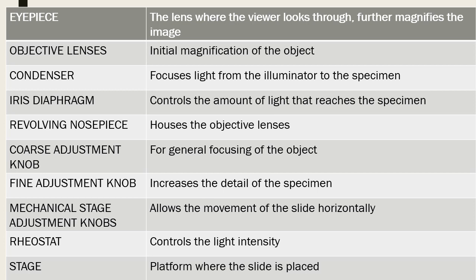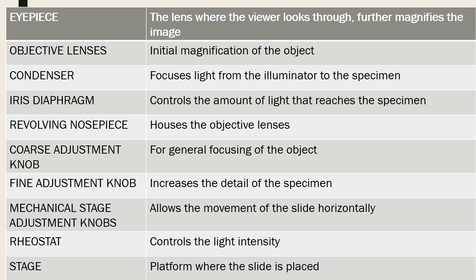And so your high power objective has 40 times, and then your oil immersion objective has 100 times. Okay, and so when you say total magnification, you multiply the magnification of your objective lens by your eyepiece.